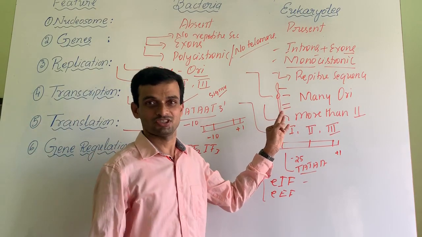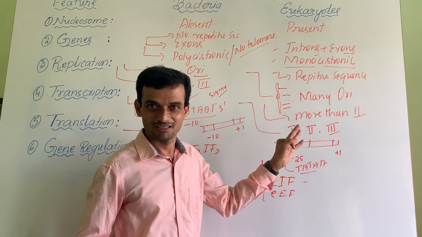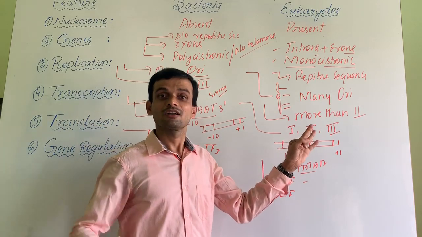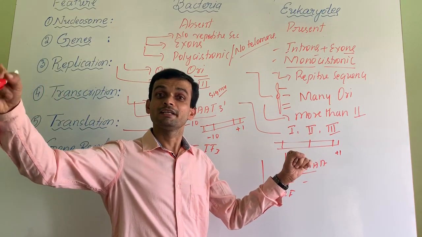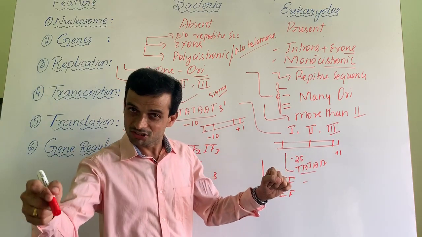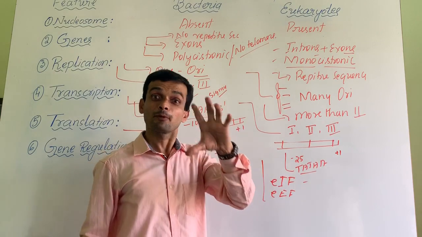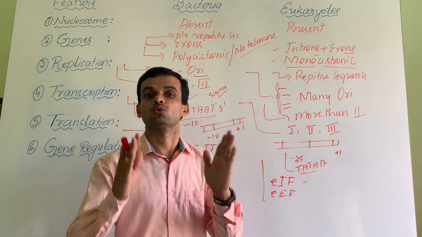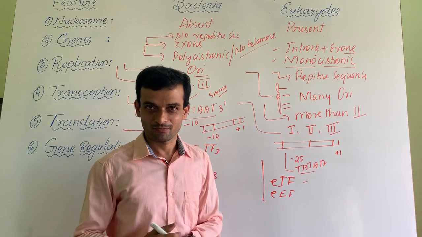It has to undergo processing. What is processing? Addition of 7-methylguanosine at the 5' end, addition of repeated adenosine monophosphate to the 3' end, or removal of introns and joining of exons. See, this type of processed mRNA is allowed to go to the cytoplasm from the nucleus.